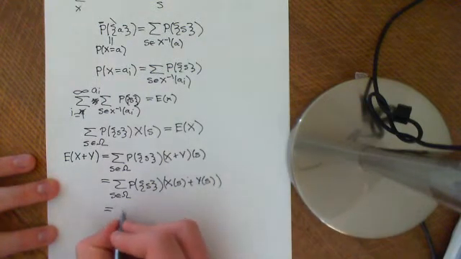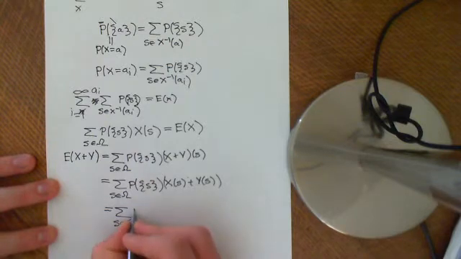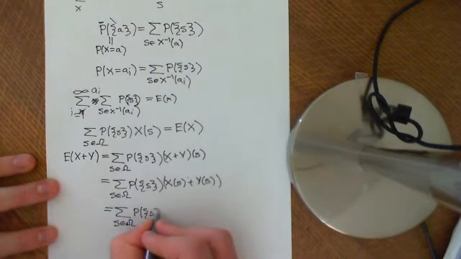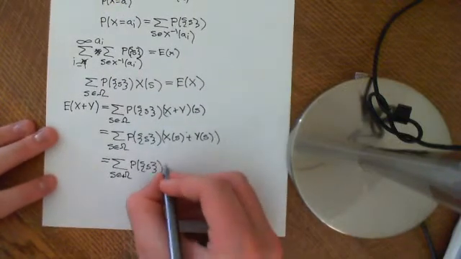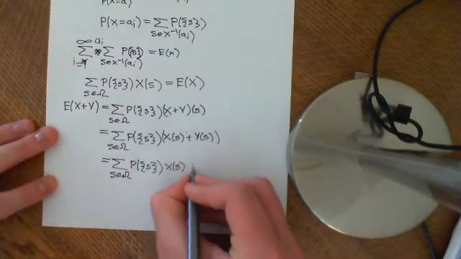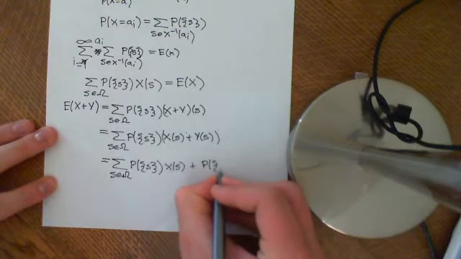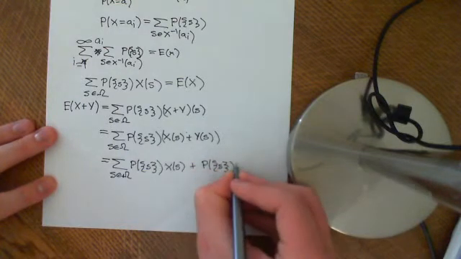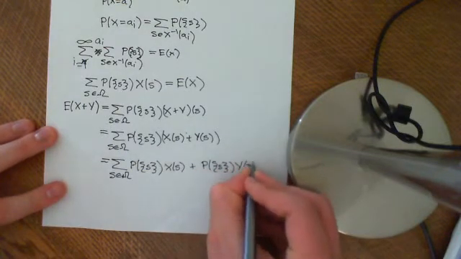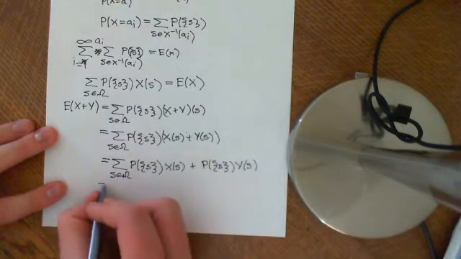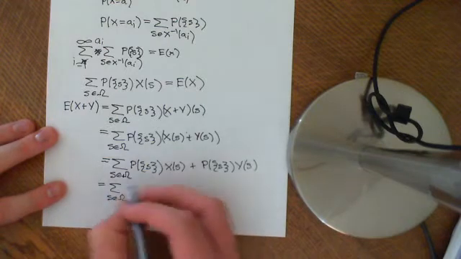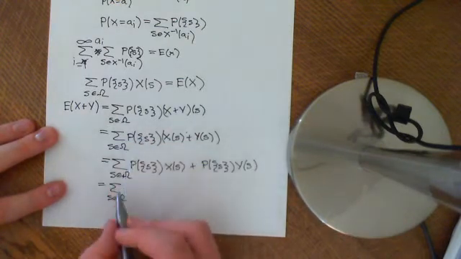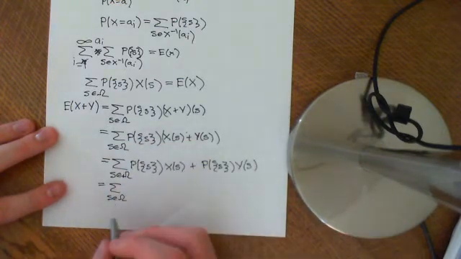And then we just split this up into the sum, S is an element of omega, probability of the singleton containing S, times X of S plus the probability of the singleton containing S times Y of S. And then we just split this up into the sum, S is an element of omega, and of course you can do this even if you're summing over a countably infinite number of things.